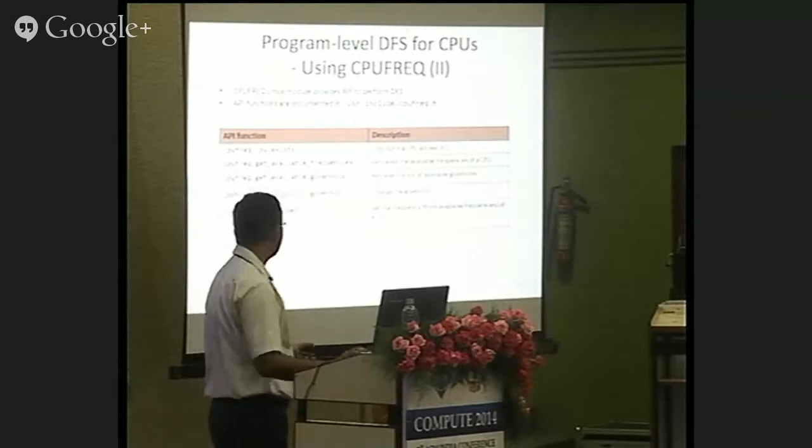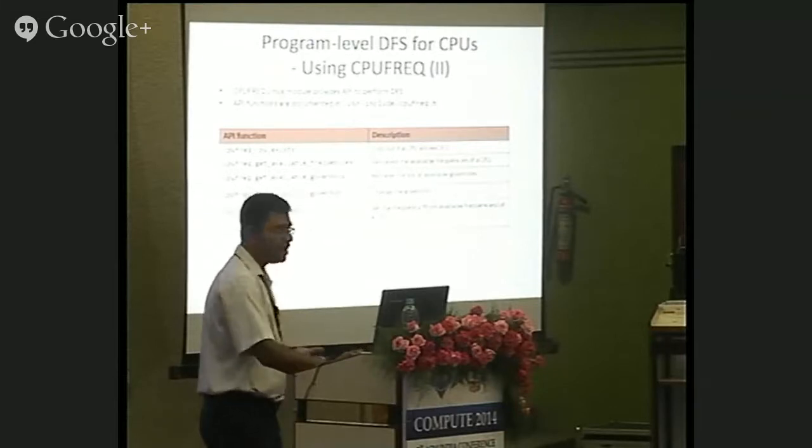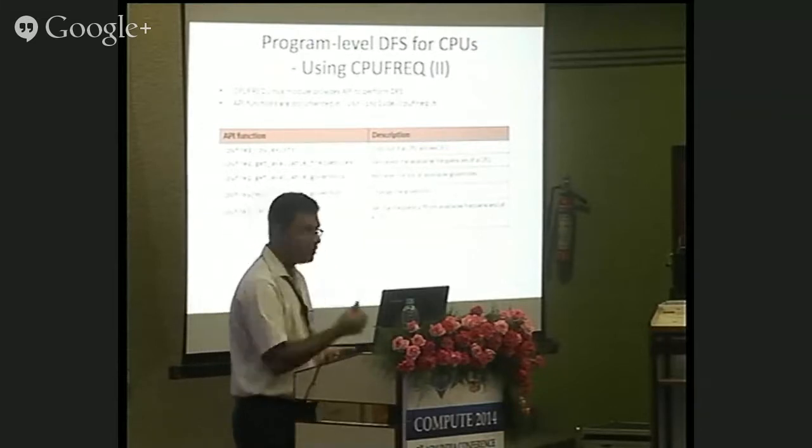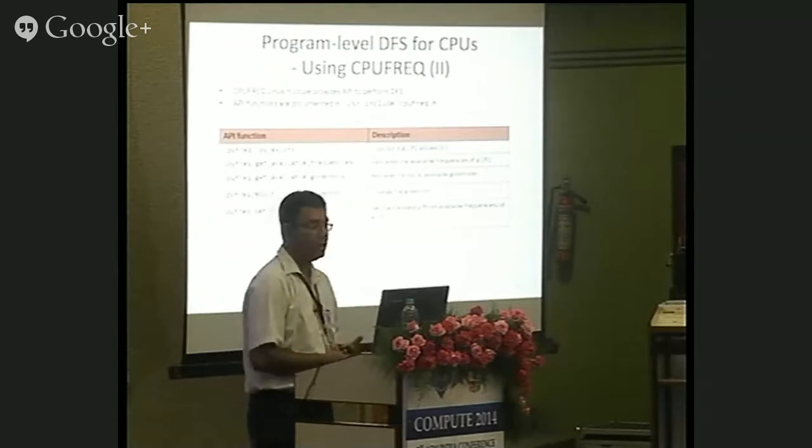There are APIs to first check whether the CPU supports DFS or not, query the frequencies that are available, and get a list of available governors. You can change the governor, set the frequency from the list of available frequencies, and run a particular application on the CPU at that frequency.